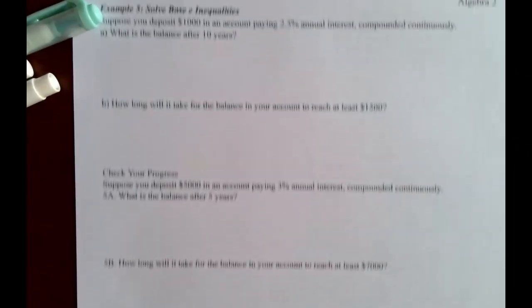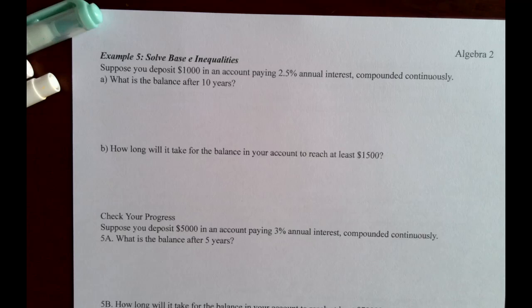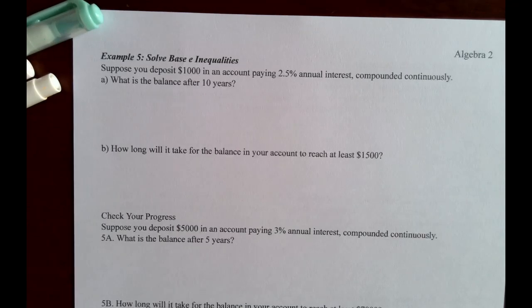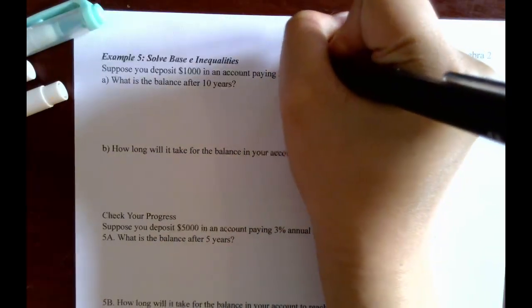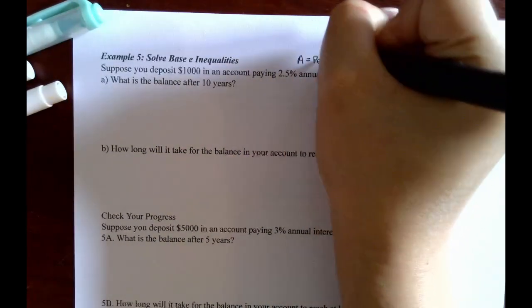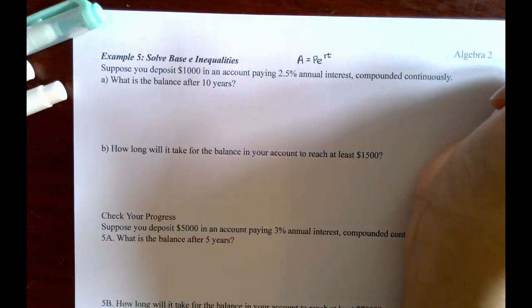So here with example 5, it says, suppose you deposit $1,000 in an account paying 2.5% annual interest compounded continuously. Okay? So here we're going to write our formula. Again, it's A equals P times e to the RT power.